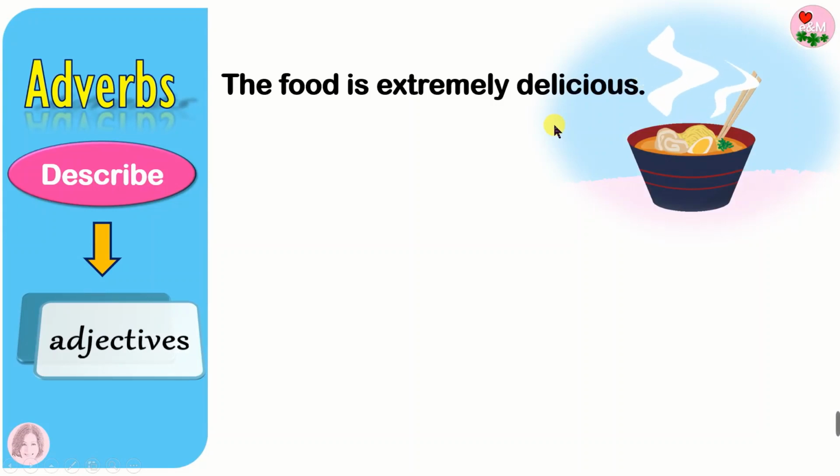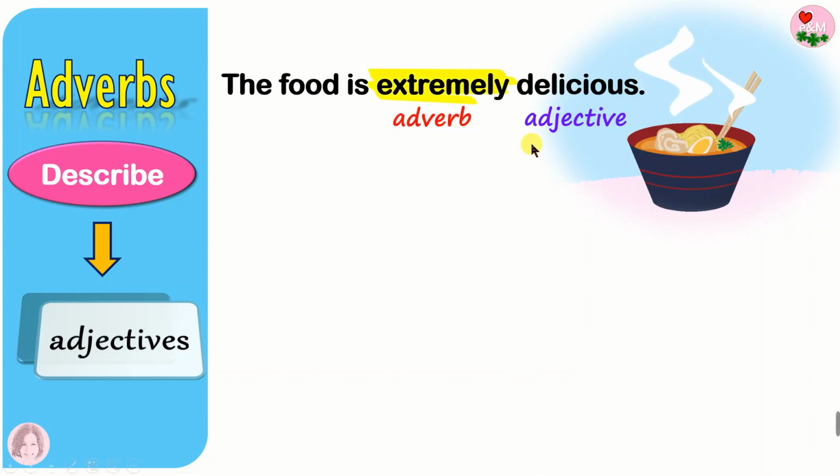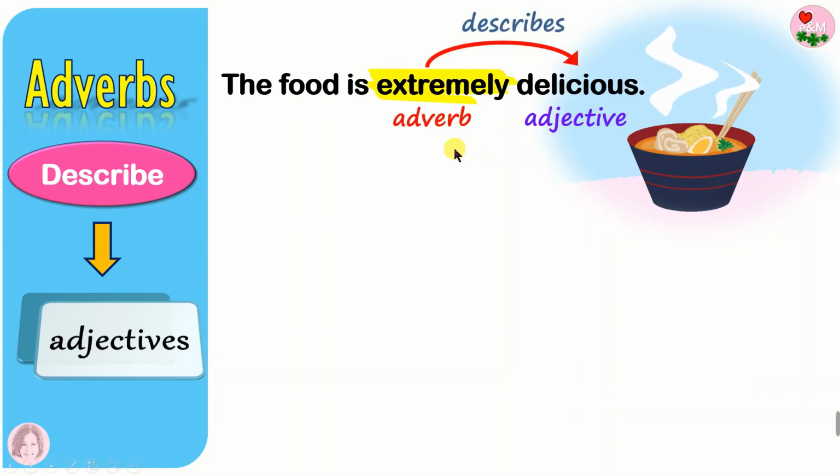Here, you have the adjective delicious and the adverb extremely that describes or modifies the adjective delicious. Actually, extremely is an adverb of degree. It answers the question, to what extent is the food delicious? And as you can see here, the adverb is placed before the adjective that it modifies.